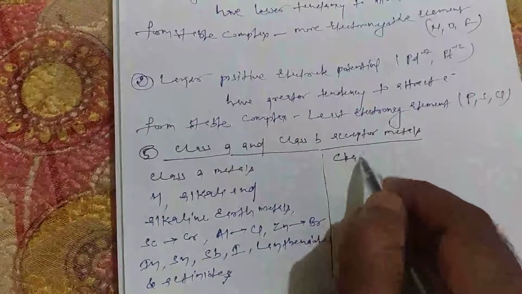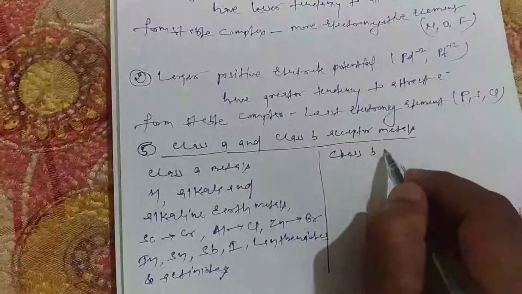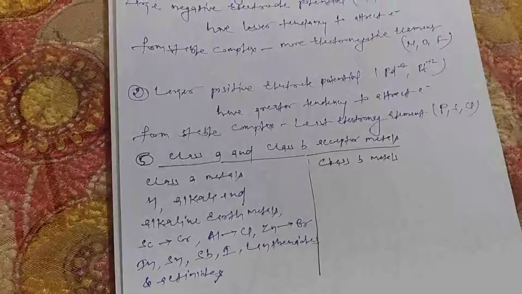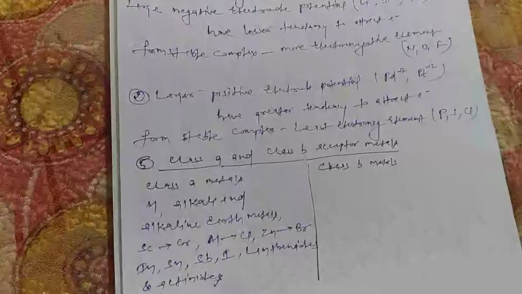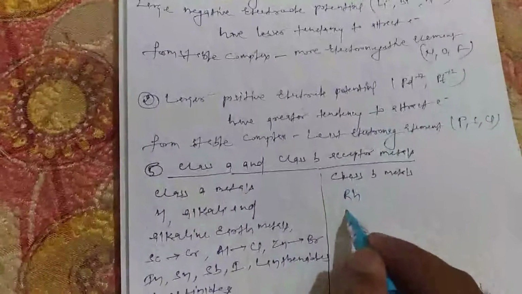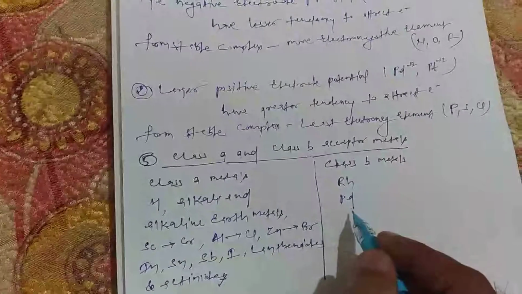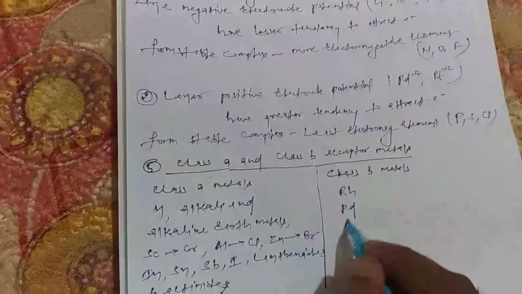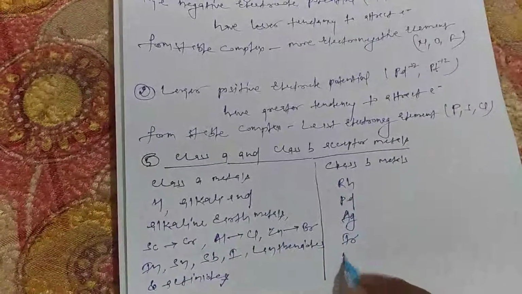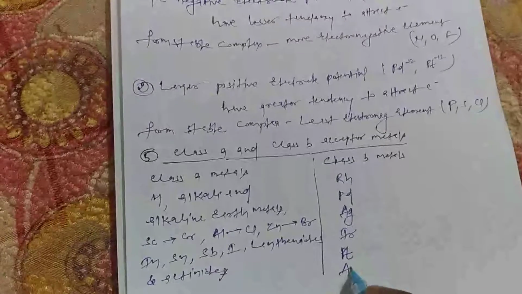Now talking about the class B metals. Class B metals are actually very few. I am writing here Rh, Pd, then silver, Ir, platinum, Au, Hg.